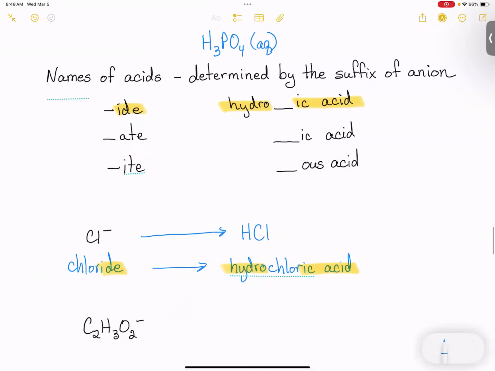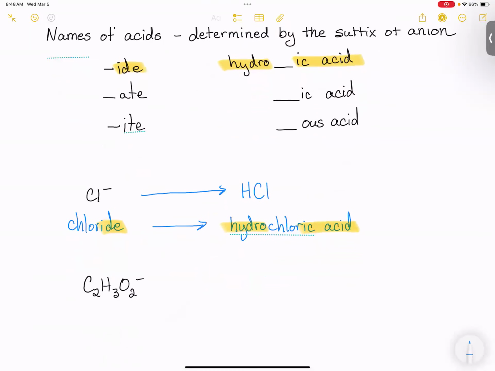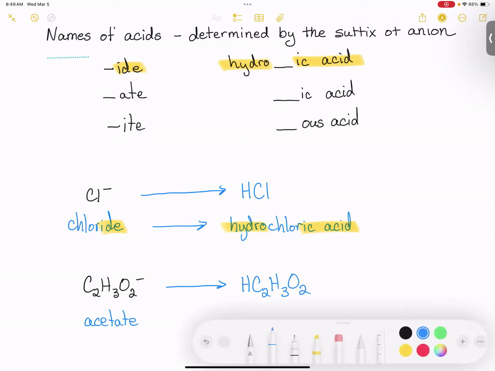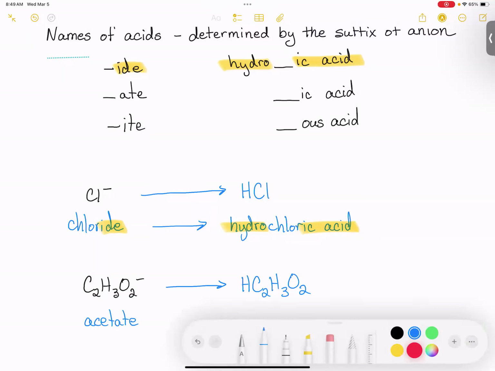This next polyatomic, first of all, its acid is going to be HC2H3O2, where it only gets 1 hydrogen because the anion has only a -1 charge. This anion is called acetate with the ending ATE.